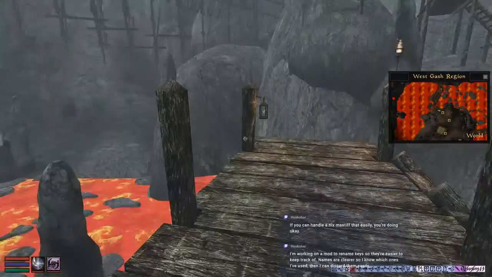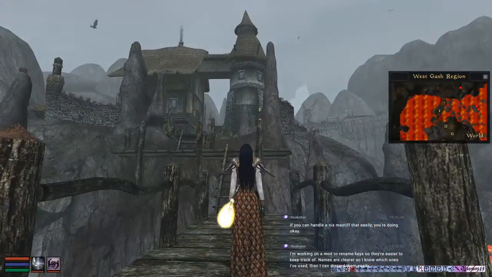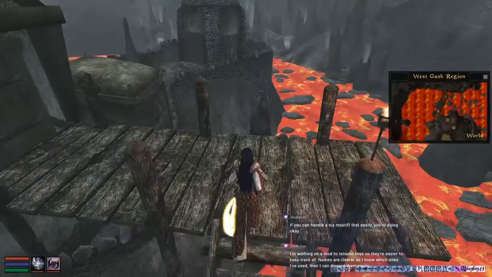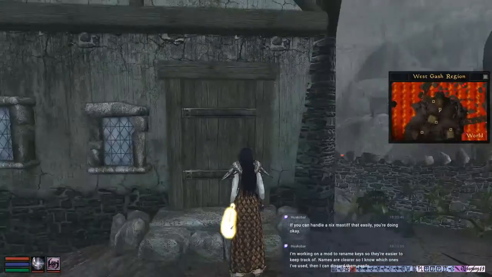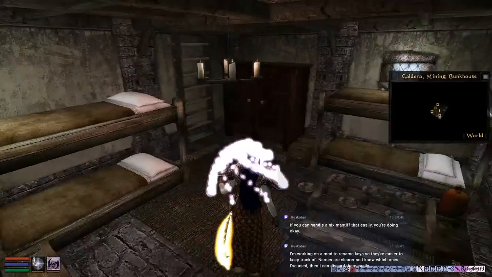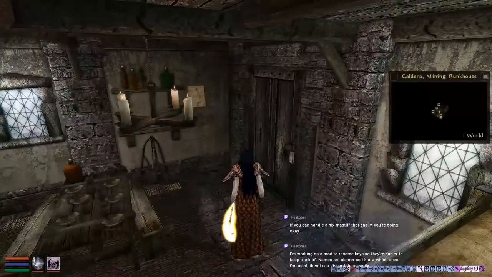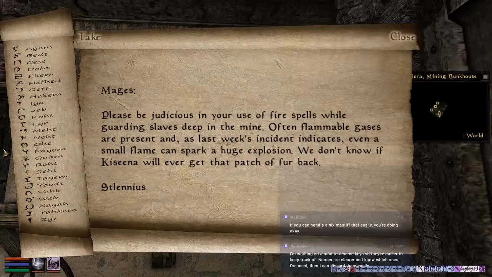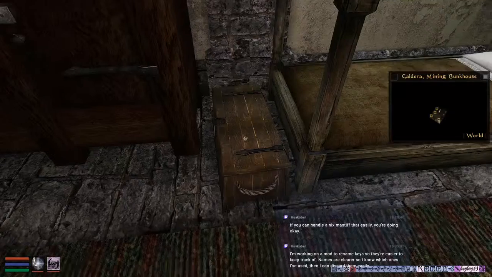They are just beds. Go back this way. And no keys.